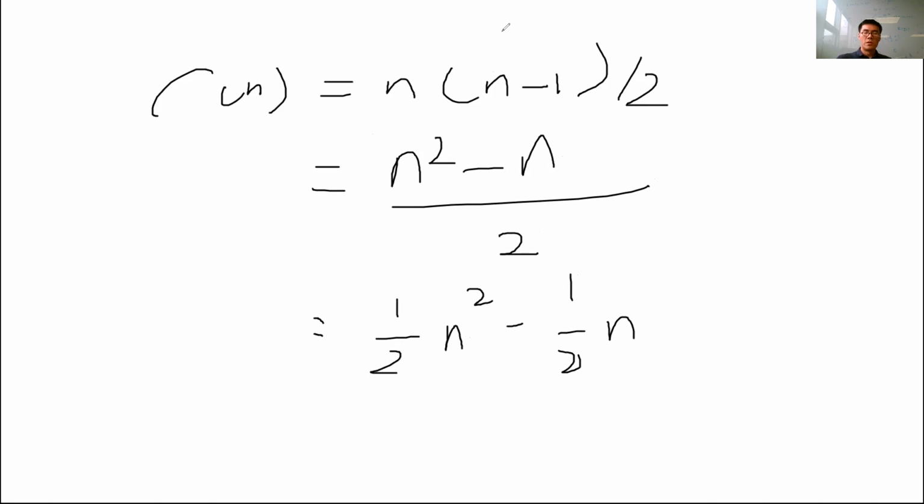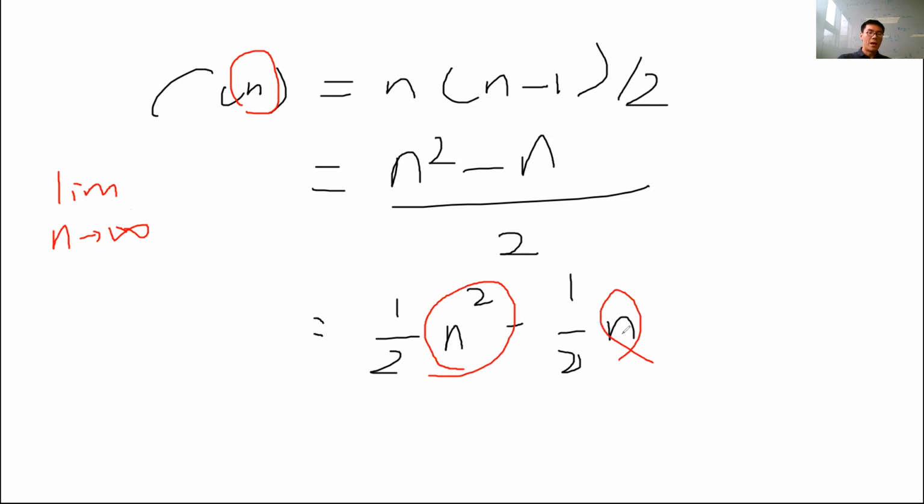In real life, n is going to be really, really big, because you know how much data we are creating every second, every millisecond, right? So when we analyze it, we push n toward a huge number. If n is huge, then n squared will be so much bigger than n, which makes n insignificant.